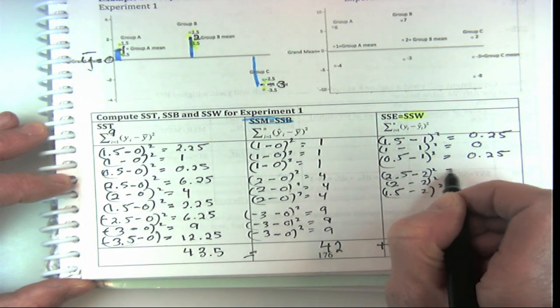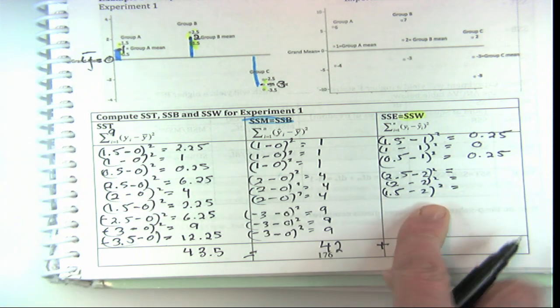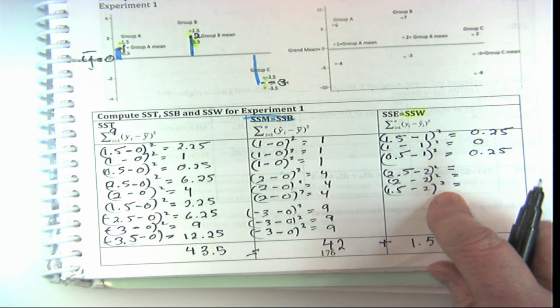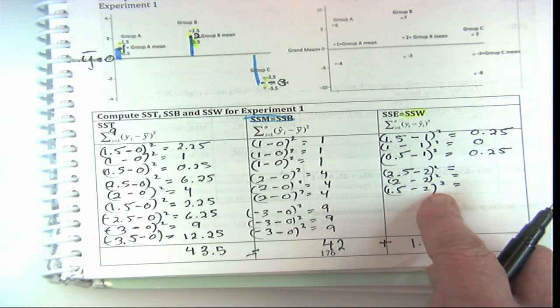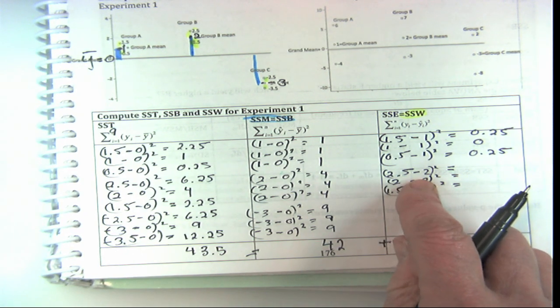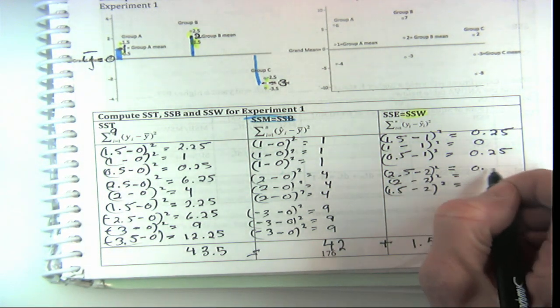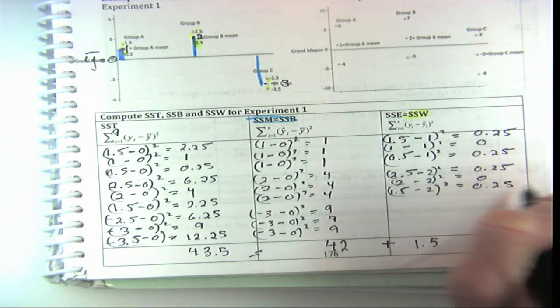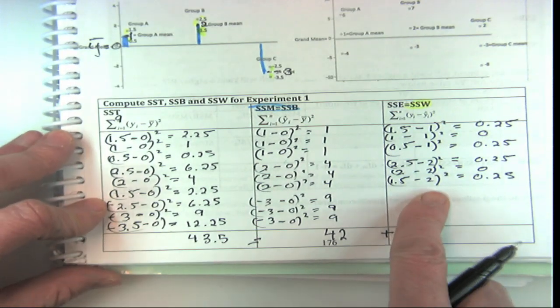I made this problem pretty easy. They're symmetric around their means. They're not always, but I made it pretty easy. So this is 2.5 minus 2 squared. It's going to be 0.25, 0, and 0.25 again. Doesn't always have to look like that.